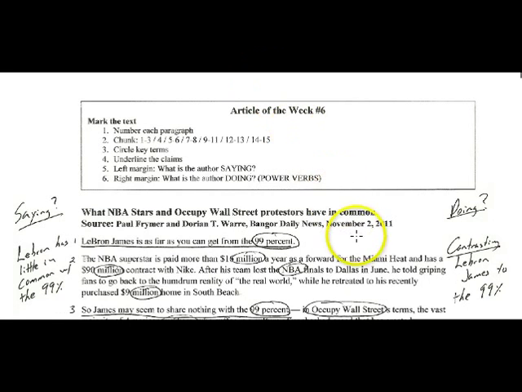So now we've numbered each paragraph and chunked. We're going to circle any key terms. So this person has decided 99% is a key term because it has something to do with Occupy Wall Street, which was in the title. And million, million, and million is a repeated word, so that person circled that as well.